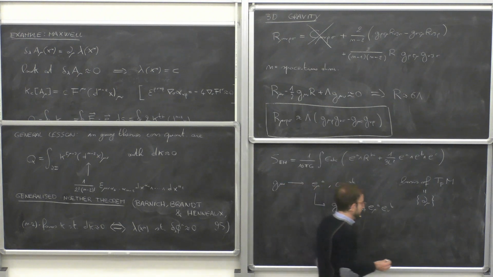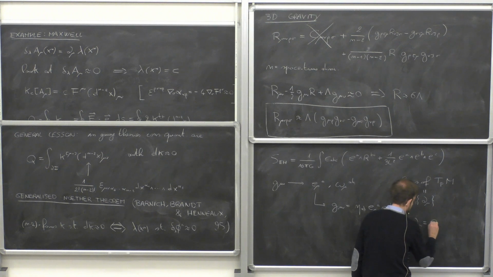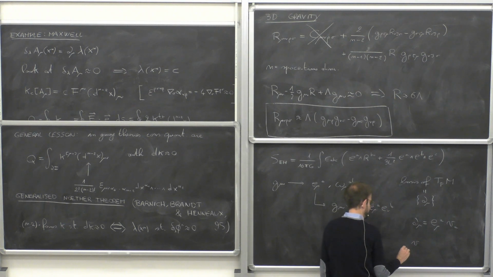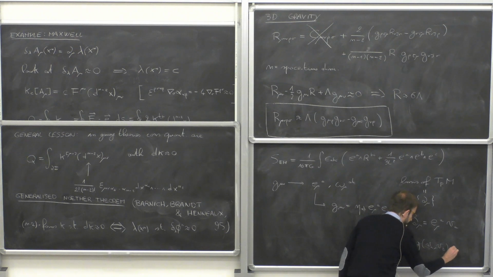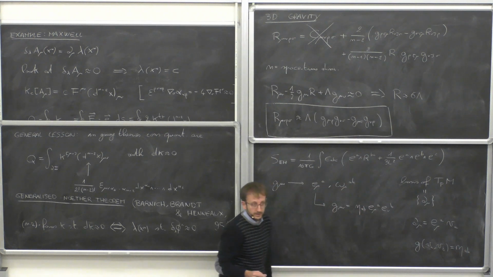And one thing that I can do is just to introduce a new basis of my tangent space. The property of this basis is that I introduce a basis of vectors which is orthonormal, essentially.